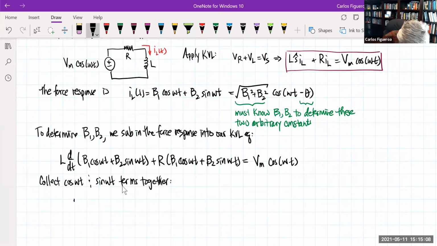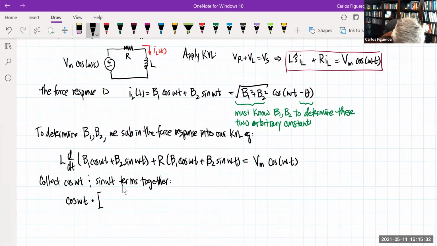So here we go. Here's our cosine omega term. Oh, no. I got to take the derivative of this thing. Okay, let's see if we could do this. Let's stick with the cosine omega term here. I forgot about the derivative. So here I go.